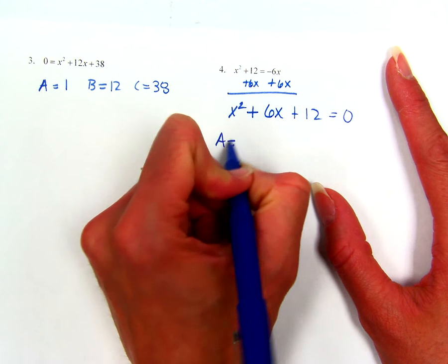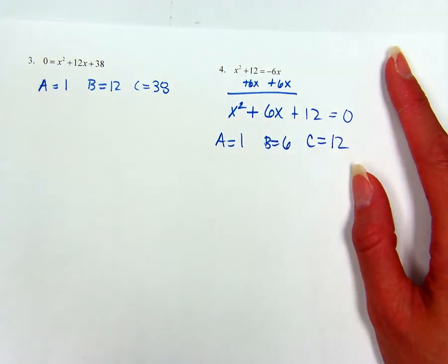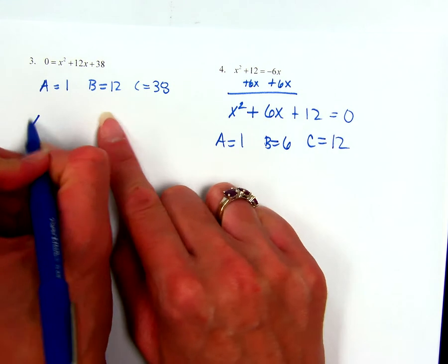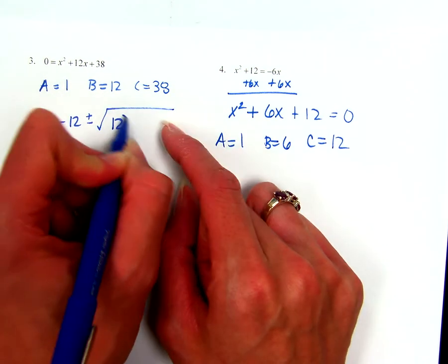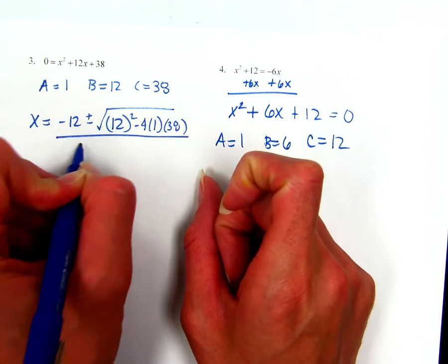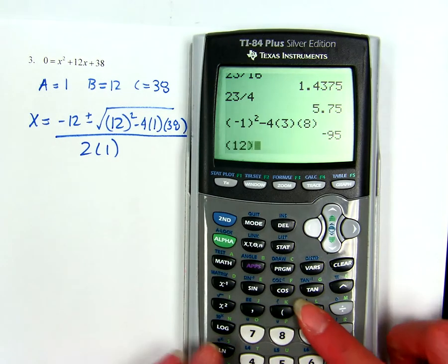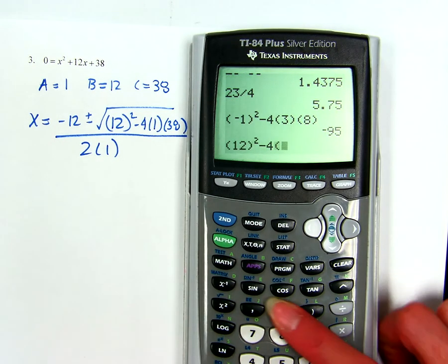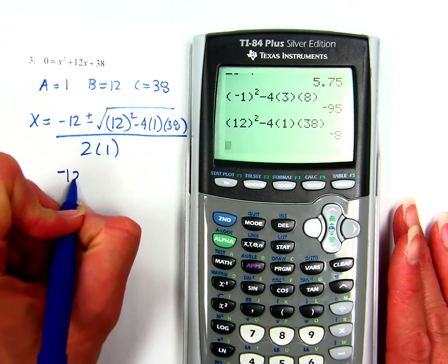Okay, so now we know a, b, and c. All right, so now we're going to do x equals negative b plus or minus the square root of b squared minus 4ac all over 2a. And then I don't know what the discriminant is, so if I do that, I get negative 8.